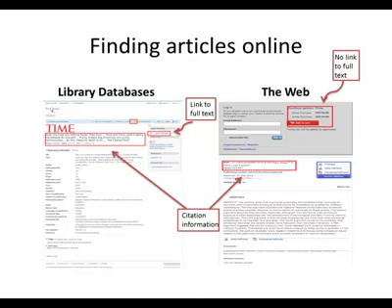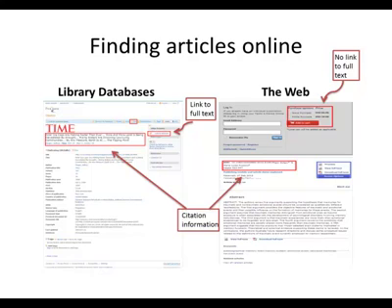Now let's talk about finding articles online. When comparing library database articles versus articles found online, it's important to look for direct access to full text of an article. When looking on the example on the left of library databases, we see on the right-hand upper side that there is a link to full text in the ProQuest Research Library database.